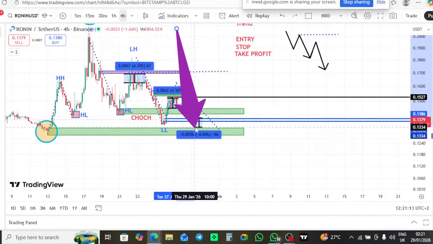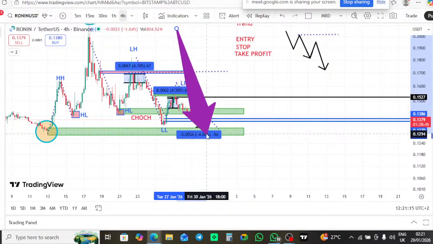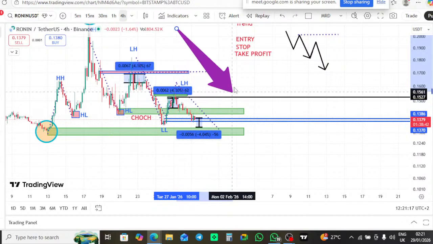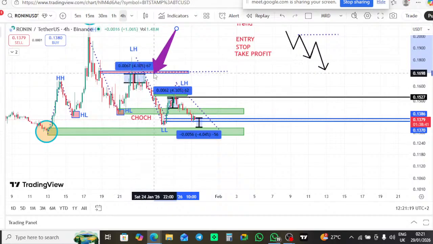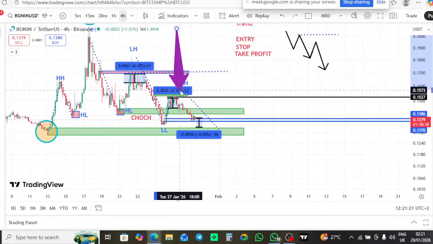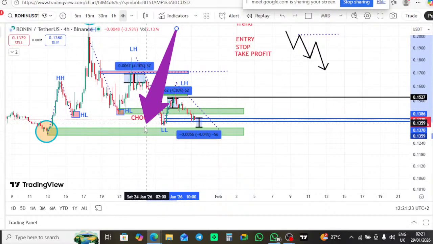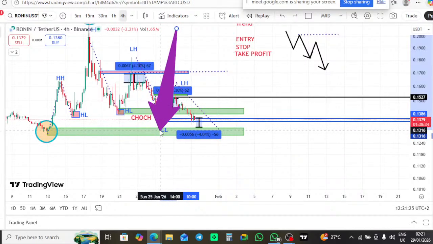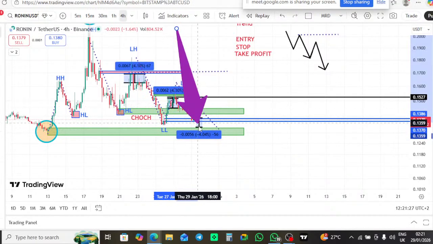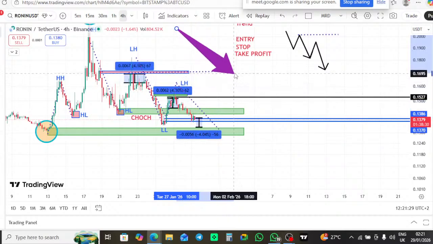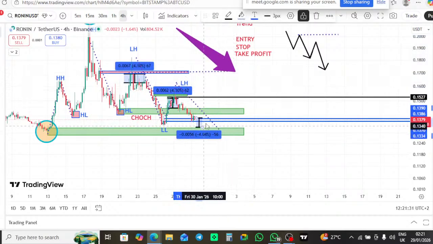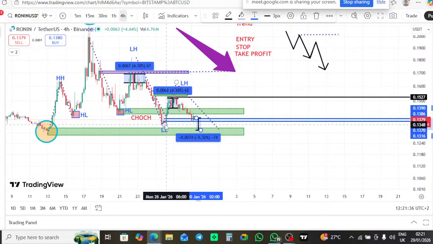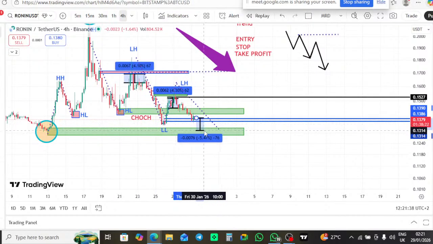We expect another low. That's why I shared this signal that you know what? The trend is downtrend. And now we have only one low. We are going to form another low to make them two. And now I expect this coin to drop below this low, previous low. And now we can make it 5%.